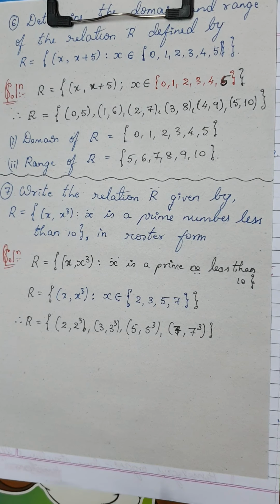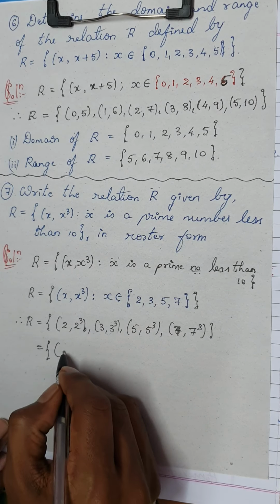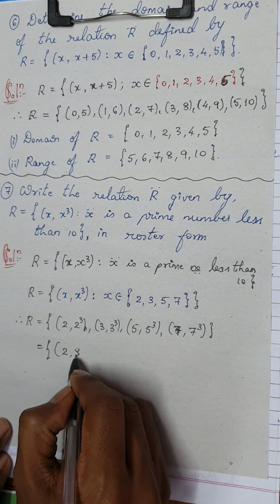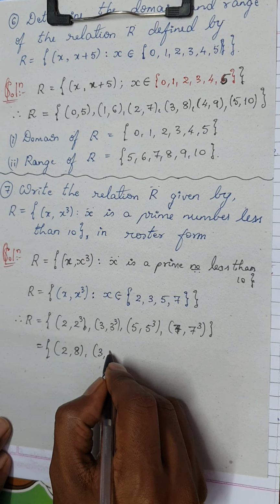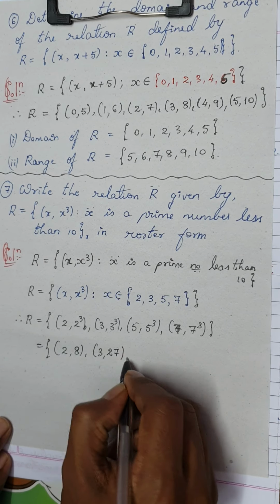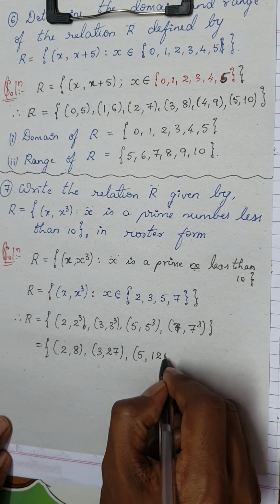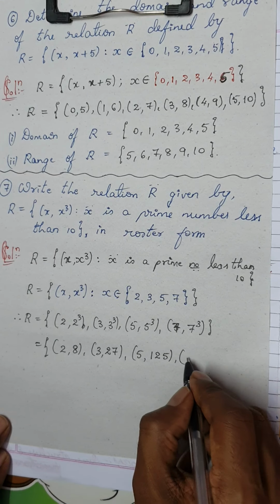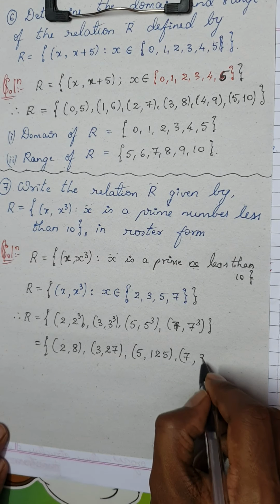Let us write the relation in detail. So this is nothing but 2 comma 2 cube. We know 2 cube is 8. Similarly 3 comma 3 cube, 3 threes are 27. So 5 comma 5 cube will be 5 into 5 into 5, which is 125, and 7 comma 7 cube is 7 into 7 into 7.